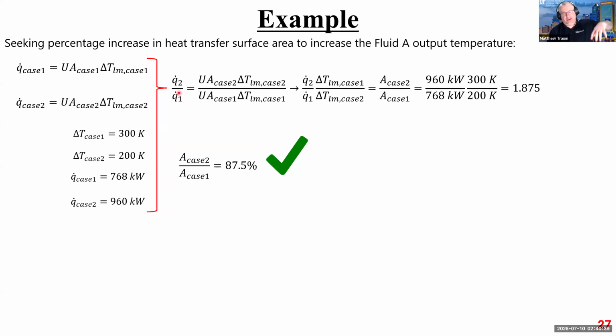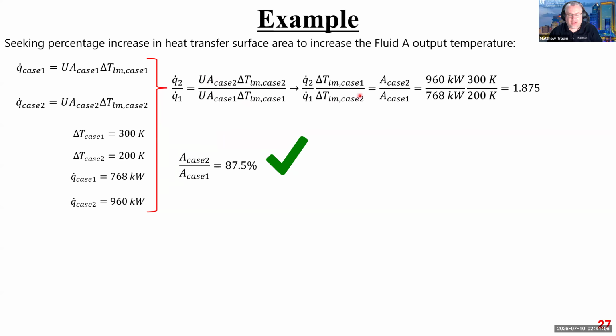And so I'm now going to just take the ratio of the heat transfer rate calculated for case two and for case one. What that gives me is a ratio of UA delta T for case two divided by UA delta T for case one. The U's are the same, so those cancel. And what I want to isolate, remember, is that ratio of areas.